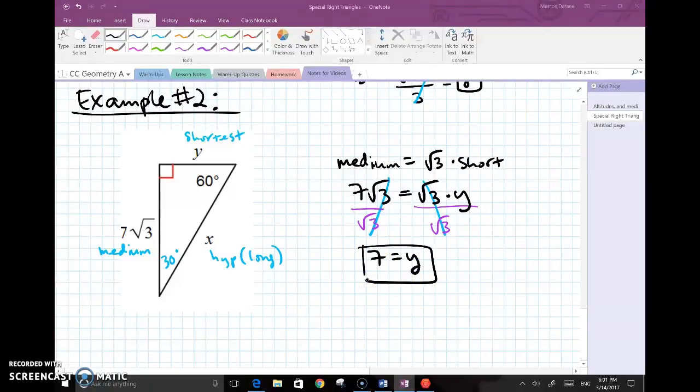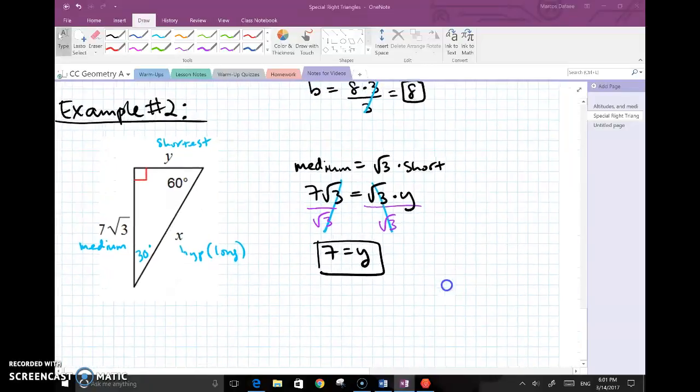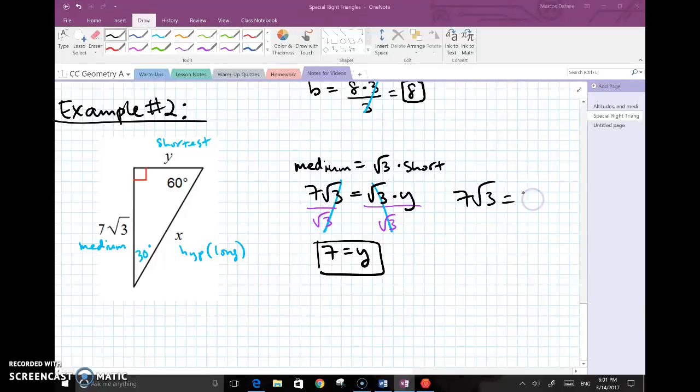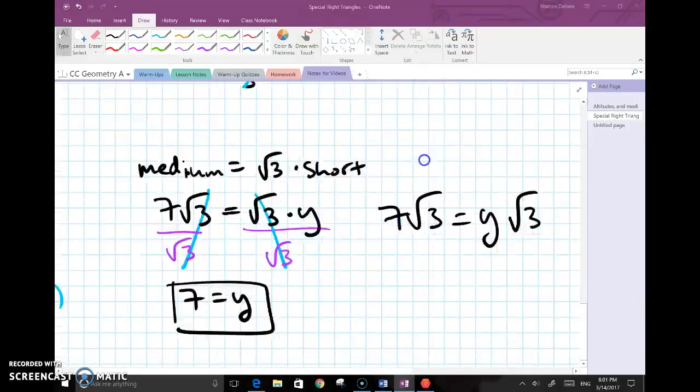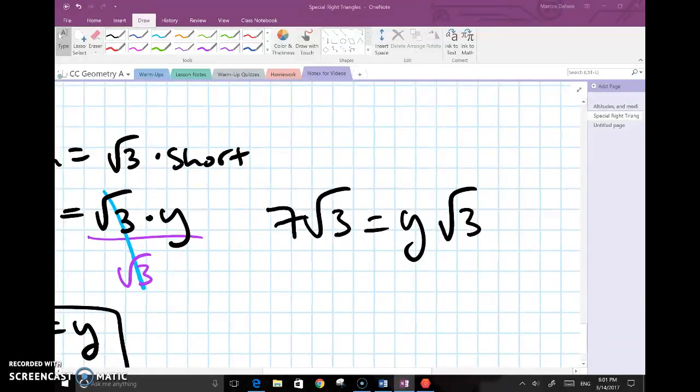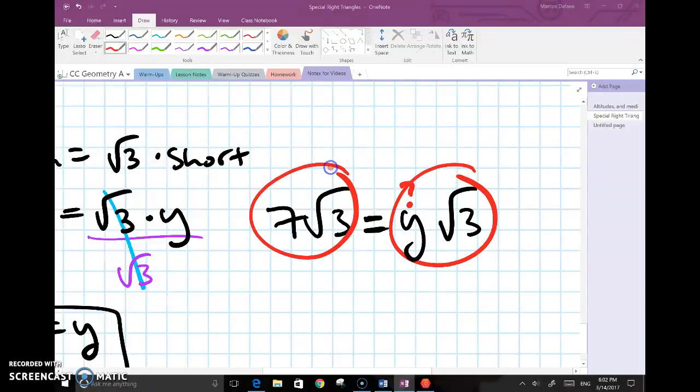Another way you could have gotten the same answer is if you notice over here, and I'll rewrite it like this. So y radical 3. The right side and the left side must be the same, which is why there's an equal sign there. So the question is, what would this need to be so that the right side ends up looking like the left side?